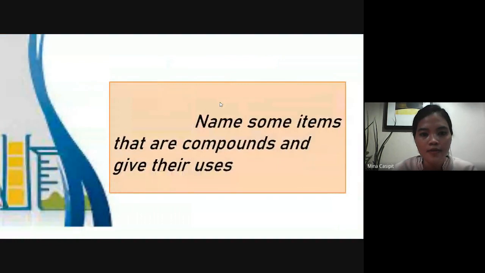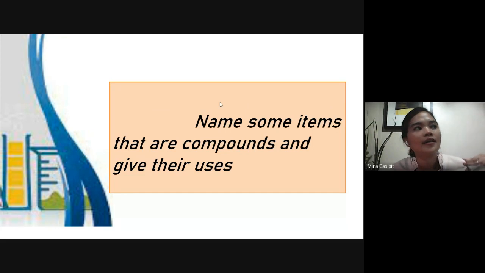Correct. So now, application tayo. Name some items that are compounds and give their uses. Yung mga items or yung mga bagay na nakikita natin sa kusina, ginagamit natin sa paghugas, paglalaba, or even sa ating sarili. So, what are those compounds? Sige nga.